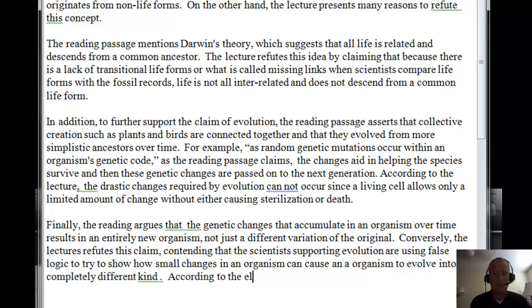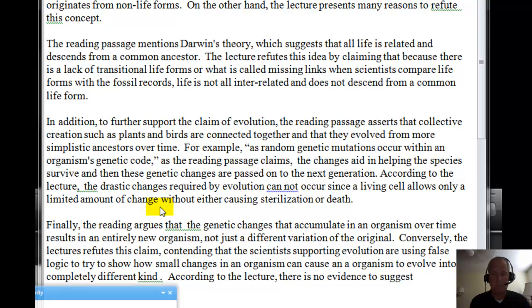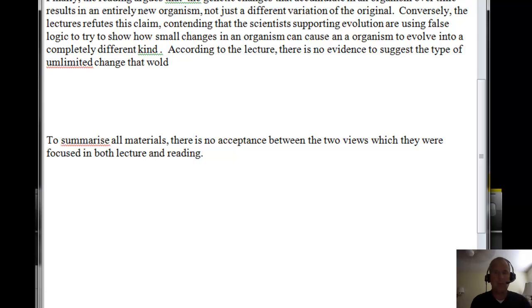According to the lecture, there is no evidence to suggest, how about, to suggest the type of limited change that would be needed to generate an entirely different life form or organism, right?